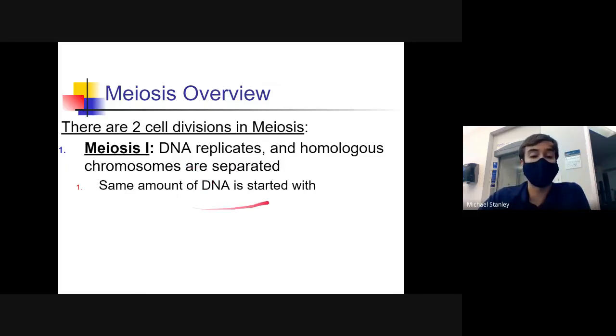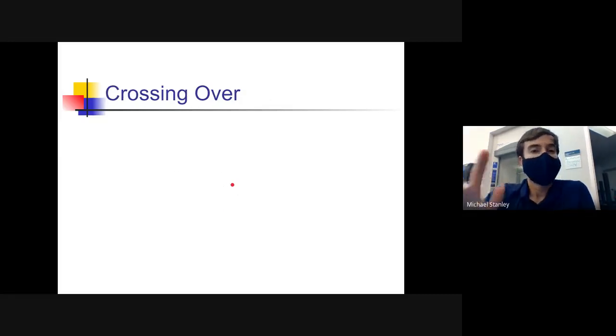They still have the same amount of DNA as the original parent cell. So that part is very similar to mitosis, but there's also something in meiosis that happens that's a little bit different from mitosis, and it's called crossing over.